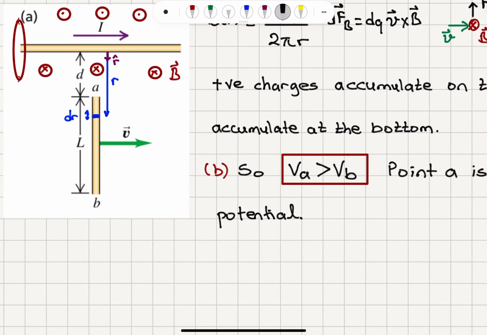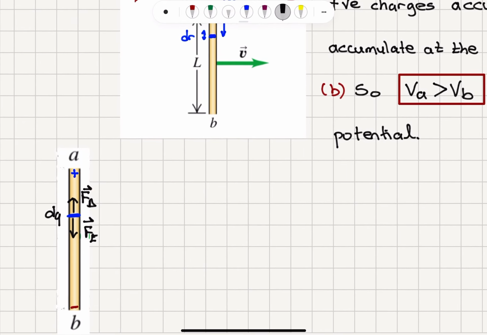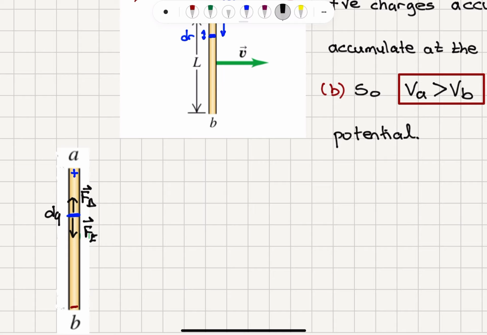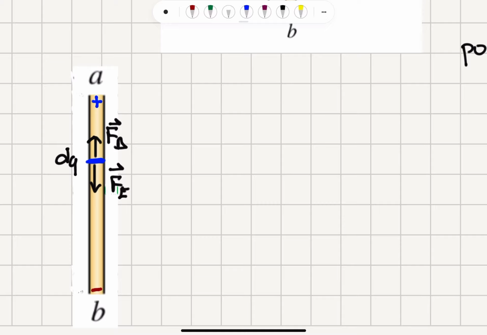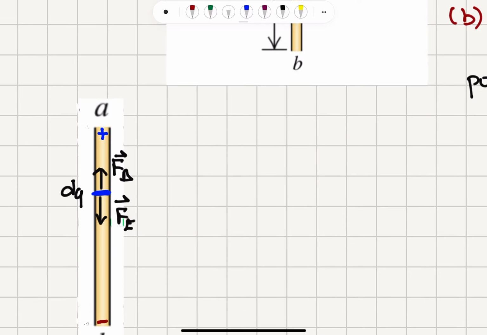Okay. Now, looking at the Lorentz force here that develops on this dq charge element, which is pointing from B towards A, this will create a potential difference between A and B, and there will be an electric field pointing towards B. So positive charges will also feel an electrical force that's going to point down.